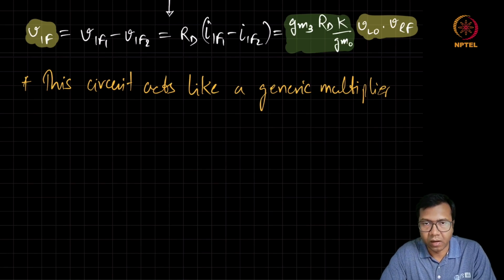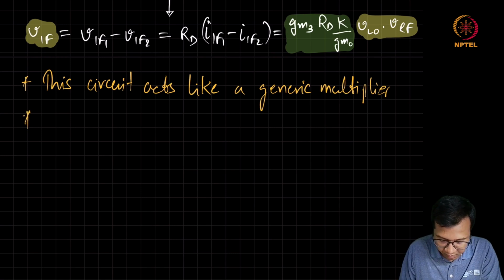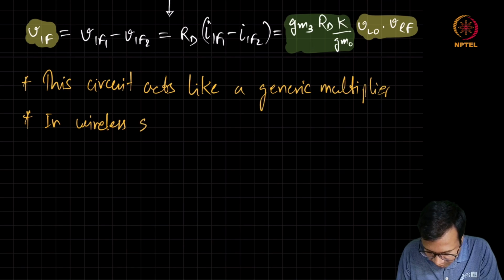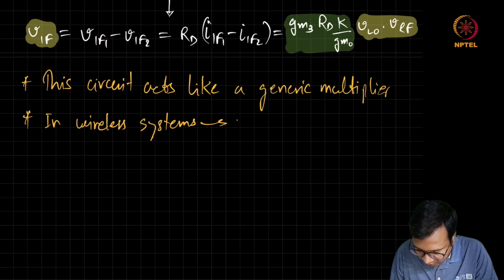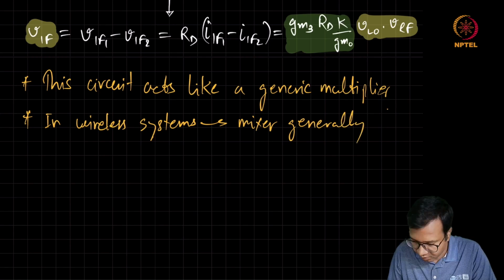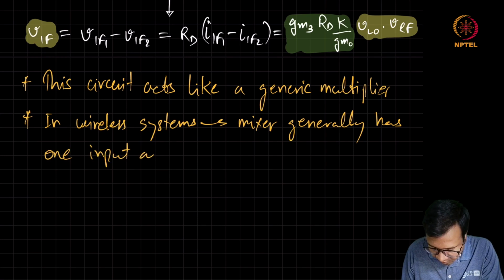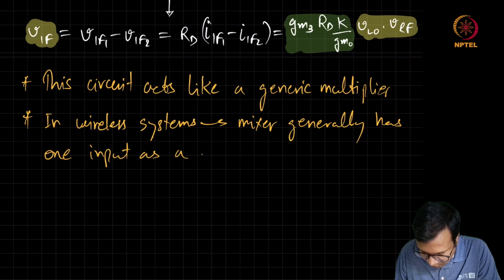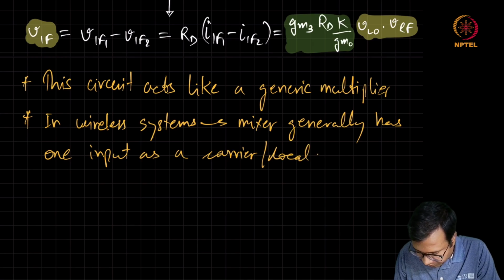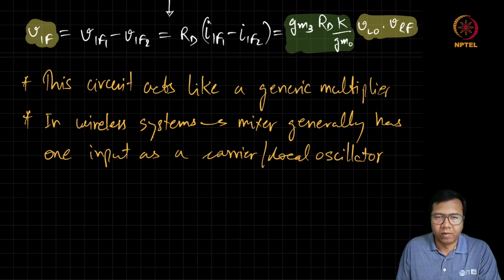But if we look closely at our requirement for wireless system design, wireless systems find that a mixer generally has one input as a carrier or local oscillator signal.